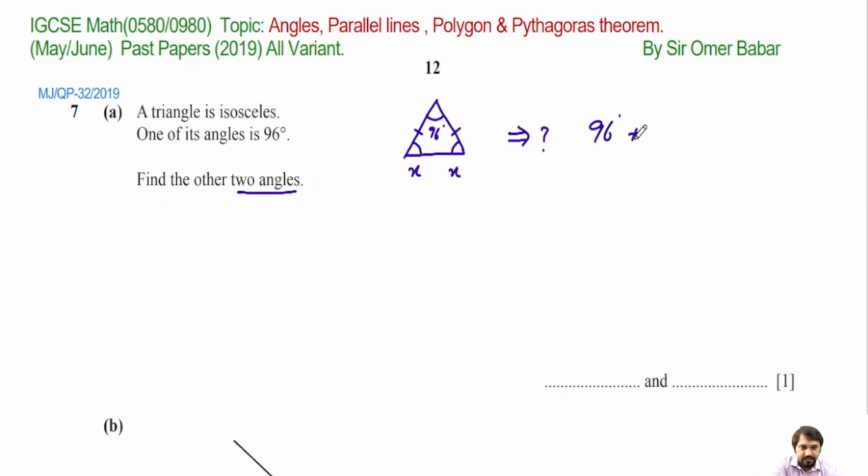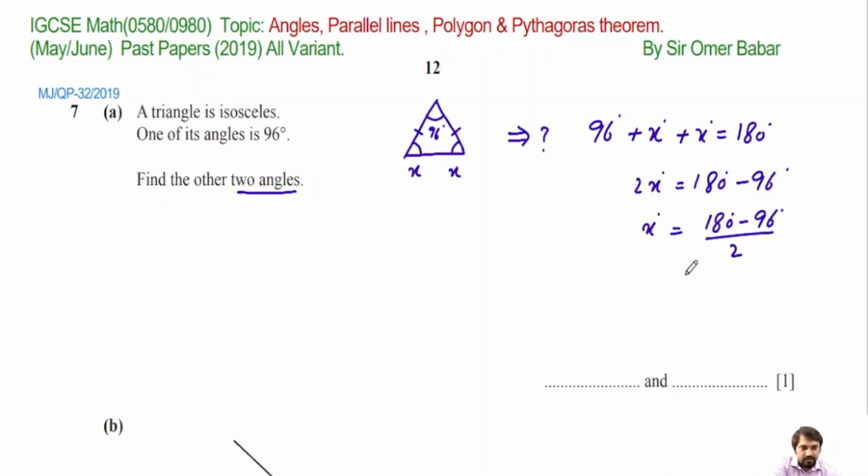So 96 degree plus 2X degree is equal to 180 degree. Now simplify this equation. So 2X degree is equal to 180 degree minus 96 degree. X degree is equal to 180 degree minus 96 degree divided by 2. 180 minus 96 is 84 degree, divided by 2. So our angles are 42 degree and 42 degree.